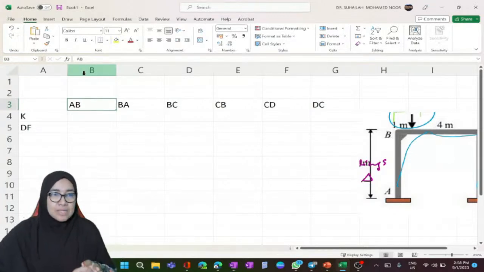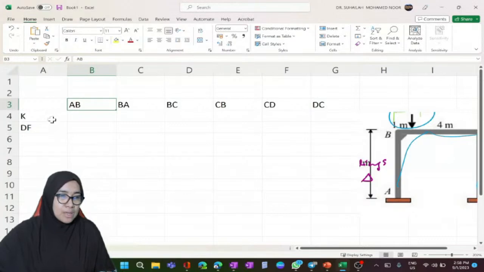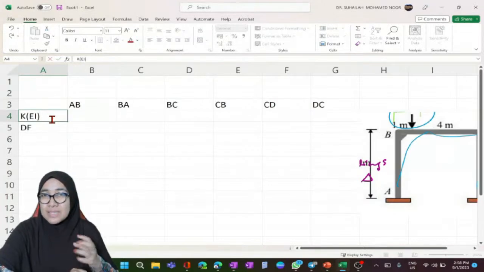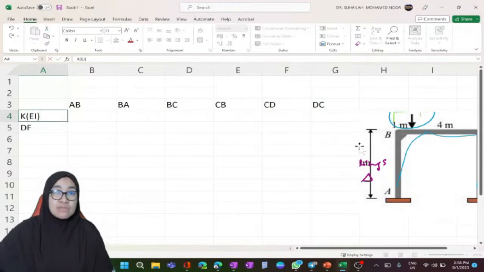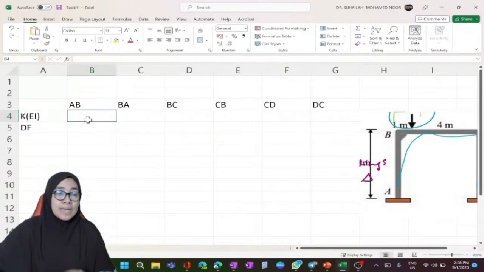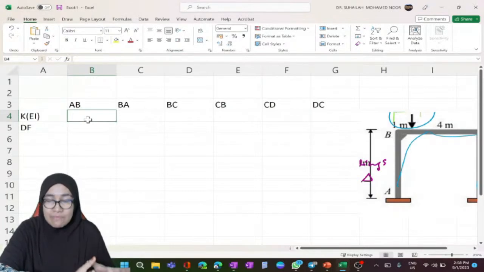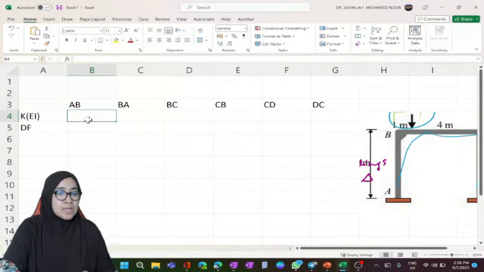Okay, K and distribution factor I put directly in the table. So K is in terms of EI. Doesn't matter because EI will be cancelled whenever we calculate distribution factor. And the length for each member in this frame is equal. It's all 5 meter.